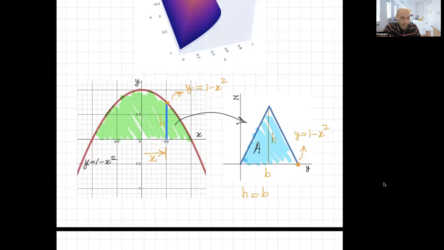I'm going to have a triangle here, a triangle here, all the way to the other end, and use integral to add all these areas from here all the way to here.